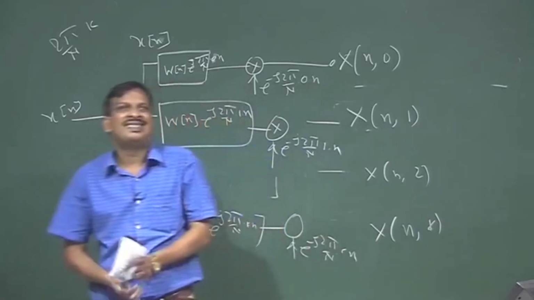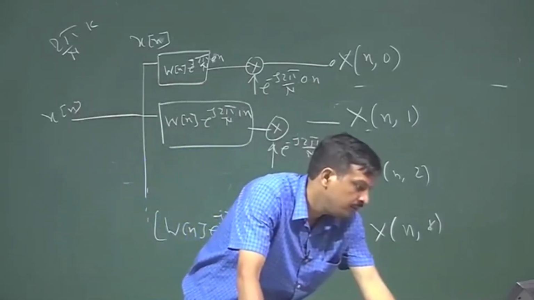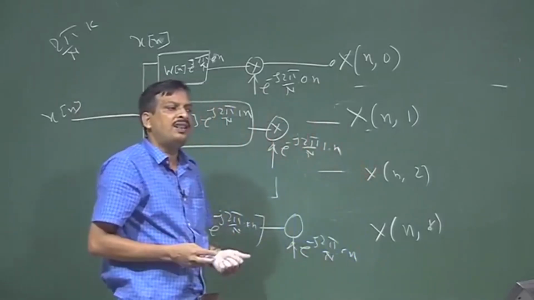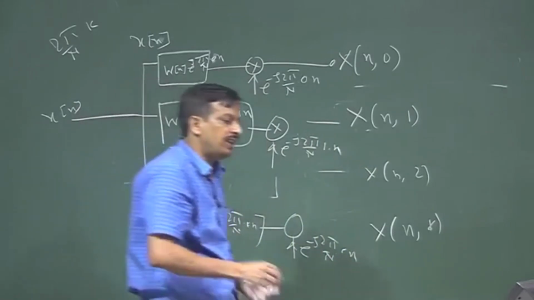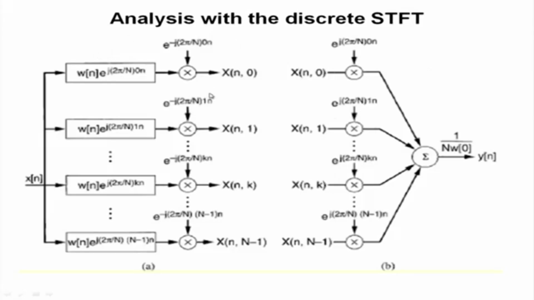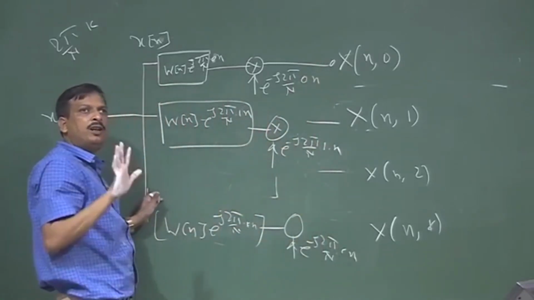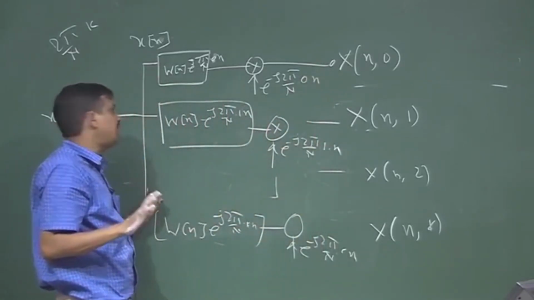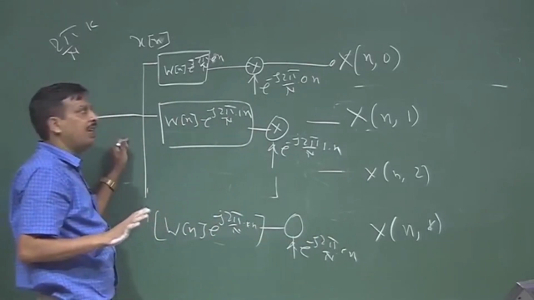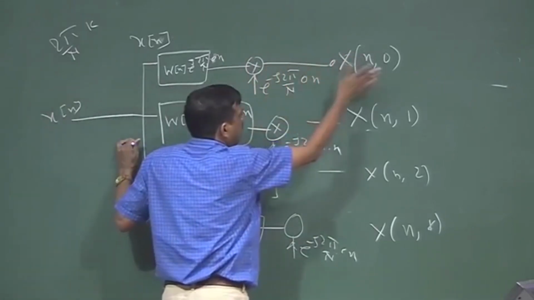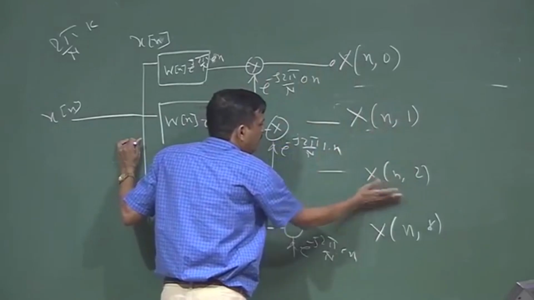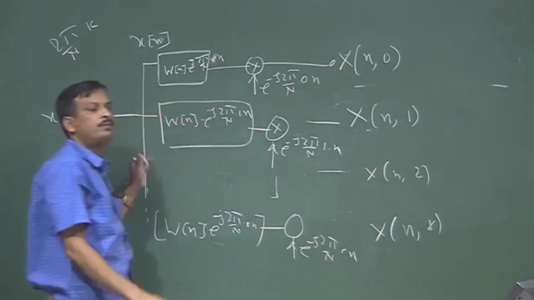So, this is called the synthesis part. So, analysis with discrete STFT. I can say this portion is called analysis of STFT with the filtering view. So, I apply the x[n] signal, and I can find the 0th component, first component, second component, third component and kth component this way.